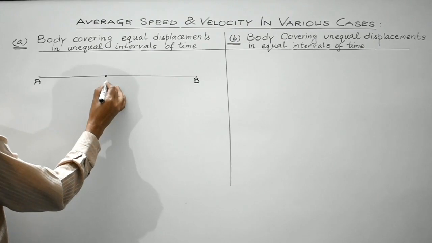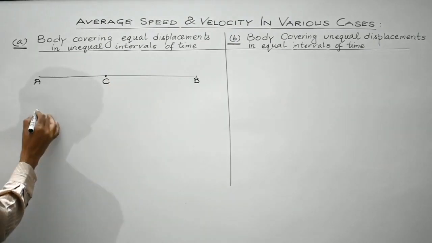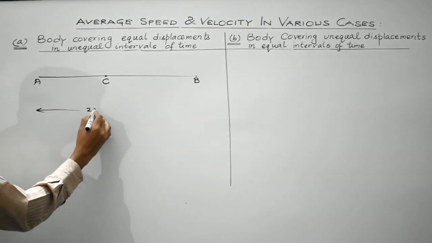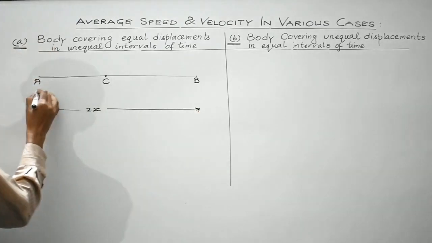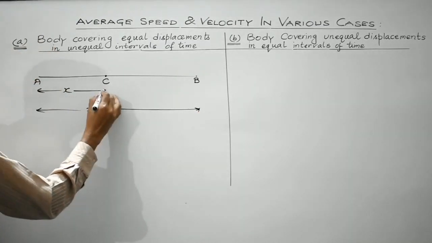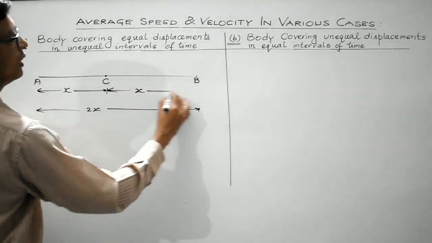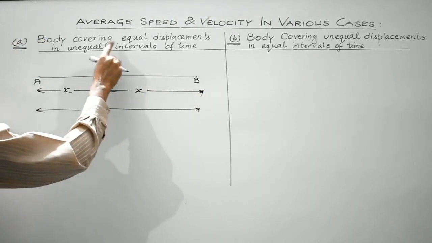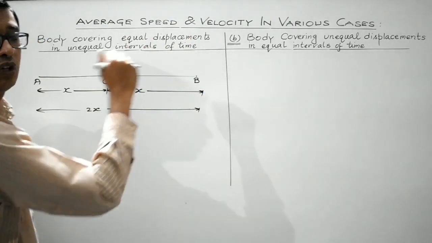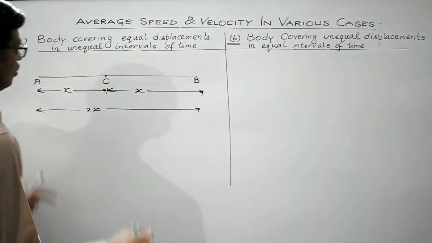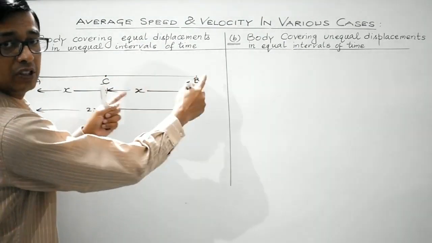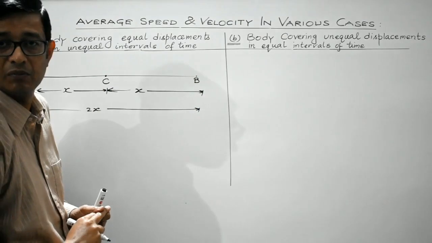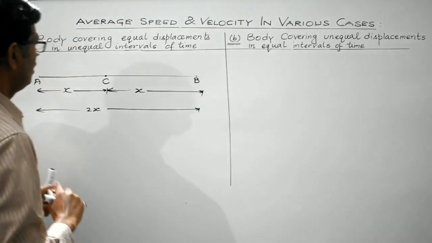If the total distance is 2x, then this distance would be x and this distance would also be x. So here we are dealing with equal displacements in unequal intervals of time, two equal parts.